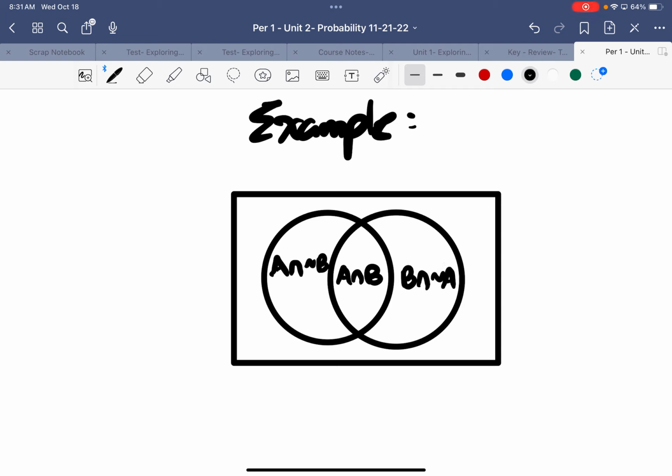Now on the previous page, I told you that it is not the case that it's the union of A and B. That's the same as saying not A intersect not B. So we'll look at that now.